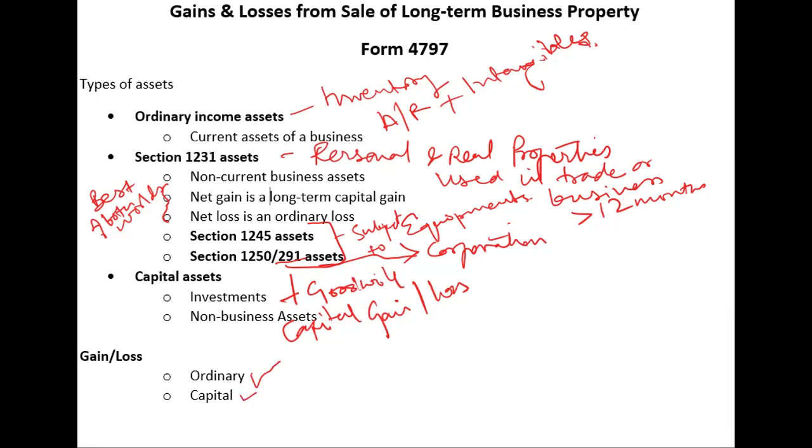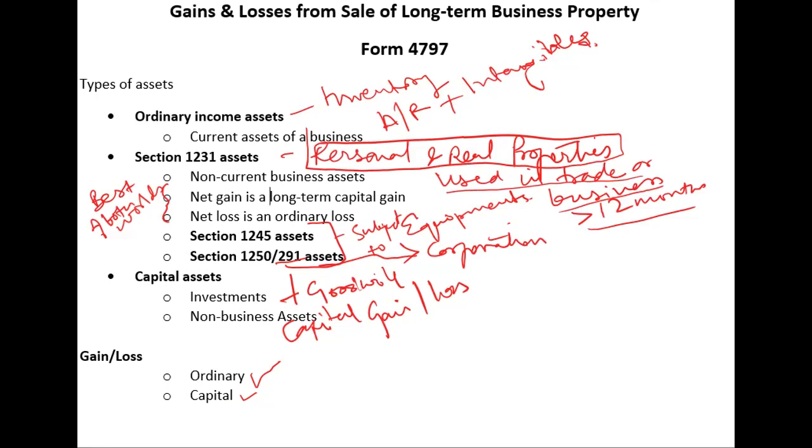So now we come back to section 1231 assets. 1231 assets principally comprise personal and real properties used in trade or business, as we discussed, and held for more than 12 months, whose eventual sale or disposal is only incidental to the business.